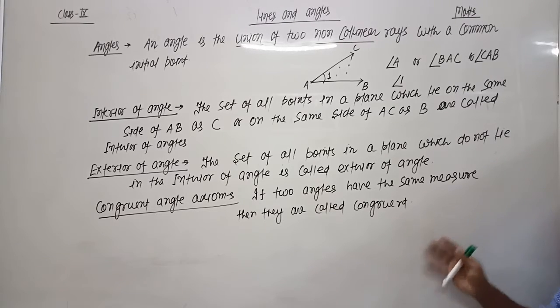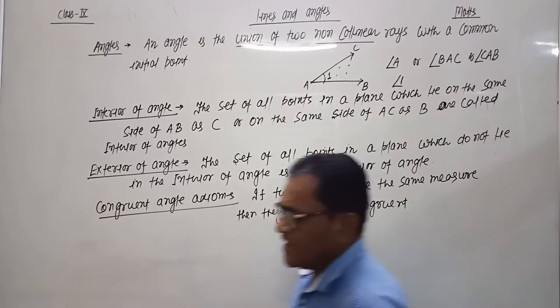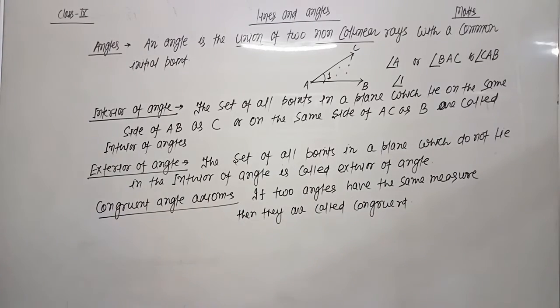And if two angles have the same measure, then they are called congruent angles.